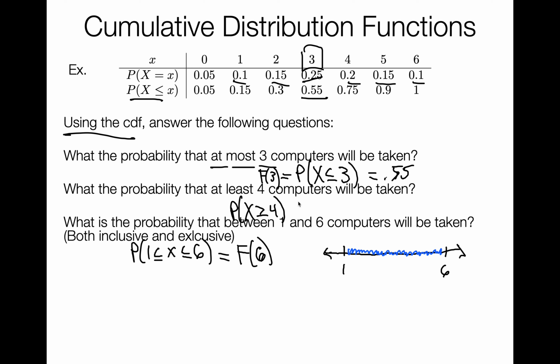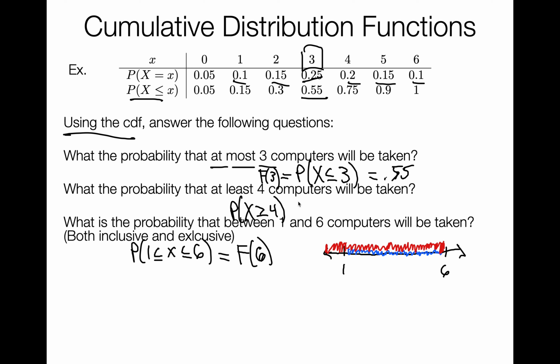And the CDF of 6, which I'll squiggle in red, is we start at 6 and then go all the way down to 1, and keep on going indefinitely.